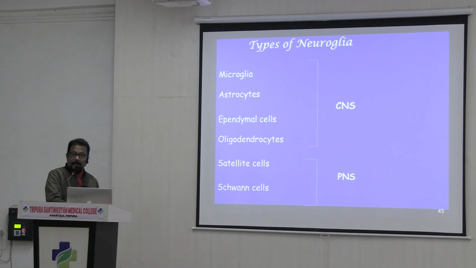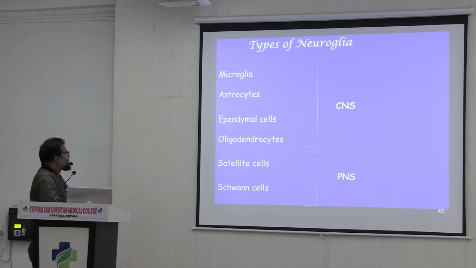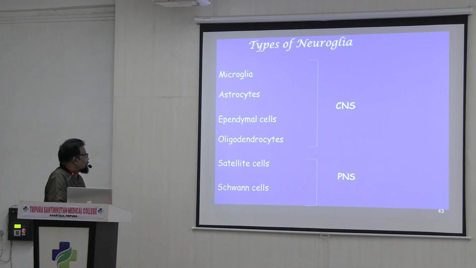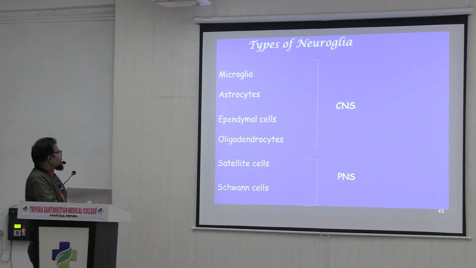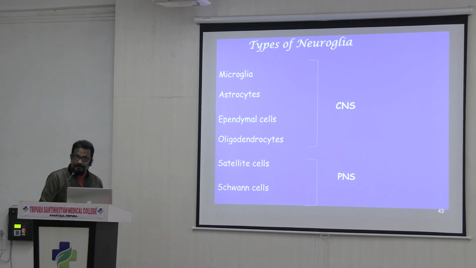One is microglia, another is astrocyte, the other one is ependymal cells, and the last one is oligodendrocytes. So under the central nervous system, you will get 4 types of neuroglia.